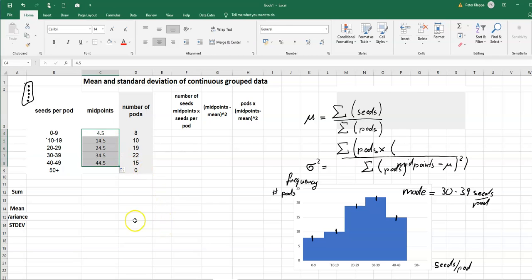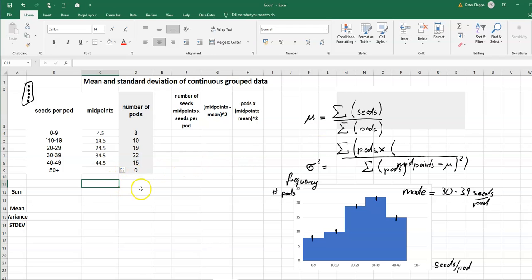Between 40 and 49, the midpoint is 44.5. Now what we can do is calculate with these midpoints. We can now use these midpoints to calculate the total number of seeds. So for the mean, we calculate the total number of seeds and divide it by the total number of pods.